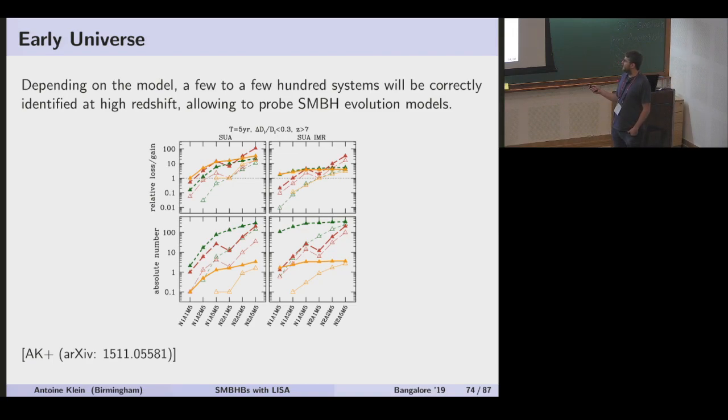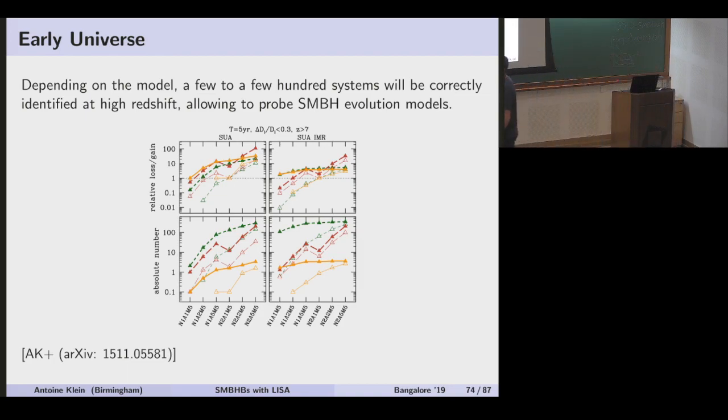In the light seeds case, we get 40 to 50 because since the masses are smaller, we're not sensitive to such a high distance. And in the delayed case, we only observe a couple. And that's because of the delays. If you have a galaxy merger at redshift 10, by the time your delay has expired, you're already at redshift 5, so you don't see a lot of things.